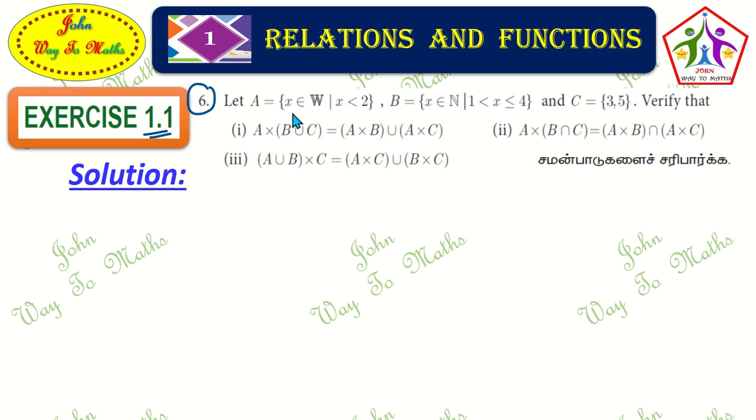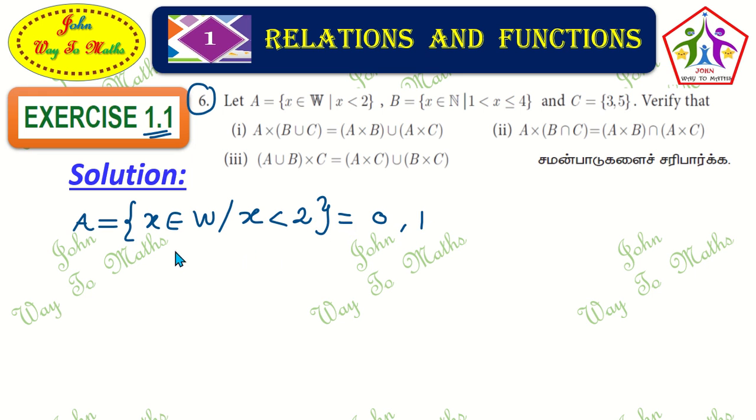So first I'm going to write the given sets. A set is equal to x belongs to whole number such that x is strictly less than 2. Whole numbers start from 0, so less than 2, only 0 and 1 are there. Next B set is equal to the set of all x belongs to natural numbers such that 1 is less than x less than or equal to 4.